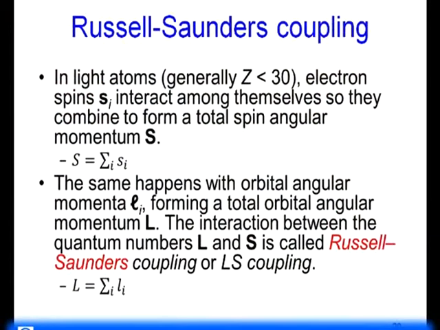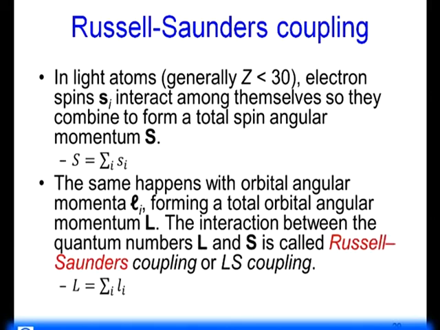Now in light atoms, that is generally when Z is less than 30, something like up to bromine, for example, the electron spins interact among themselves, so they combine to form a total spin angular momentum S. The coupling is between the spins and the orbital angular momenta themselves first.